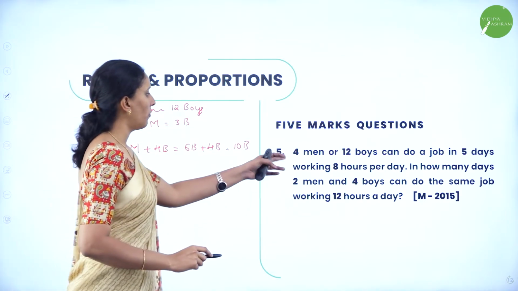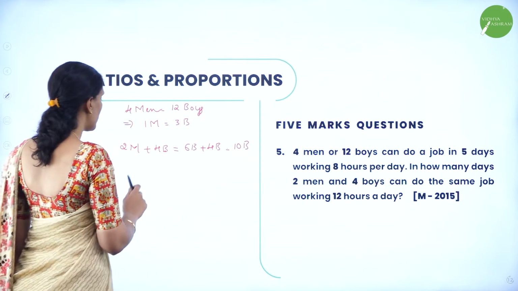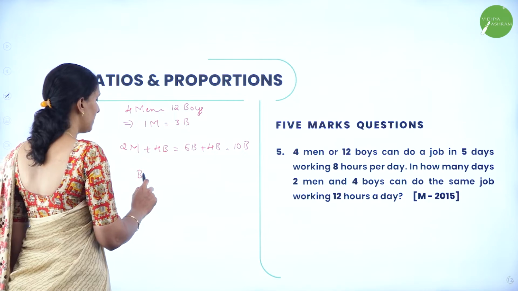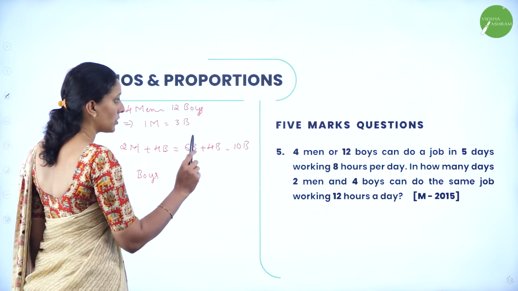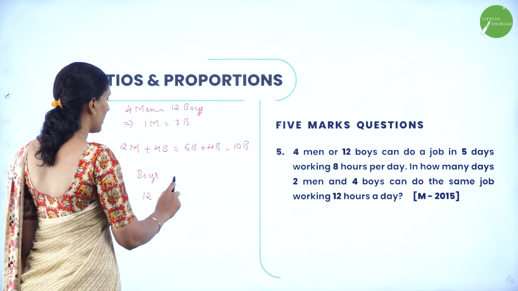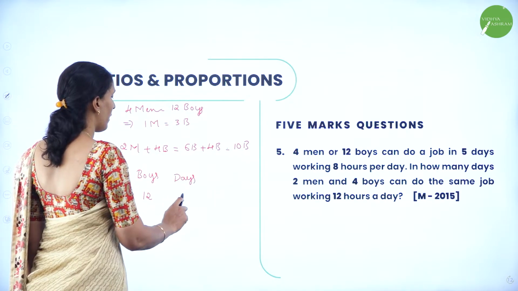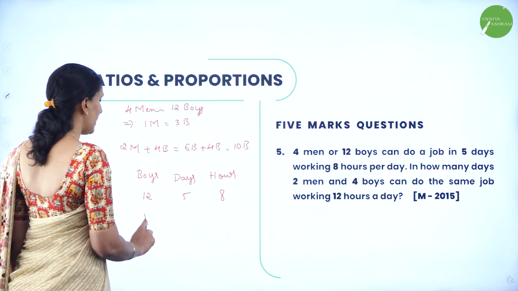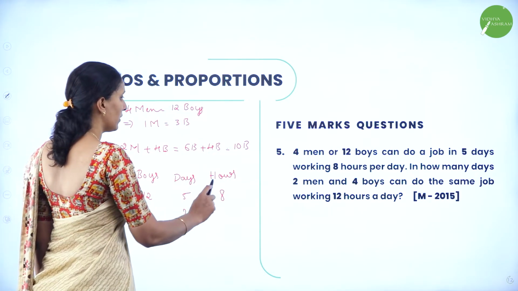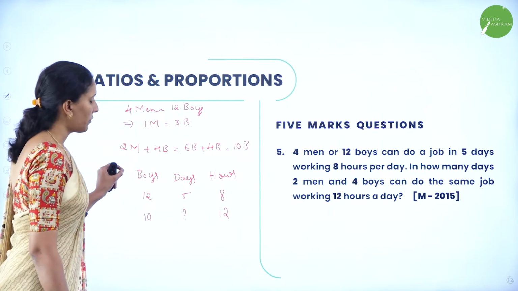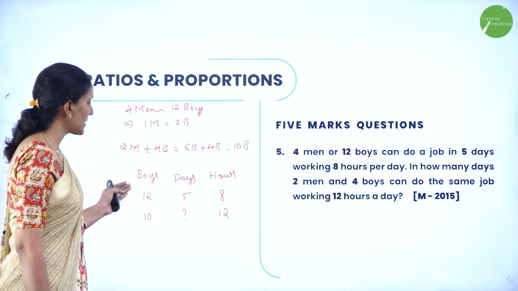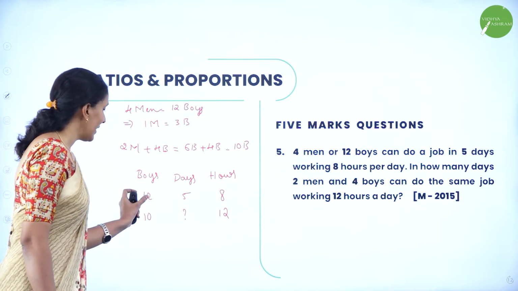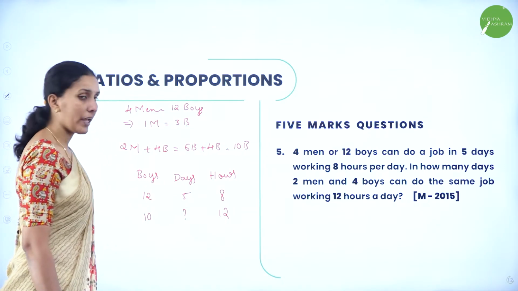So 4 men or 12 boys means, from the data, I can say number of boys here: 12 boys and days here 5 days, hours here 8, and 10 boys in how many days working 12 hours a day. So from the data you can observe that boys and number of days are inversely proportional to each other, because when I increase the number of boys, the number of days will reduce.